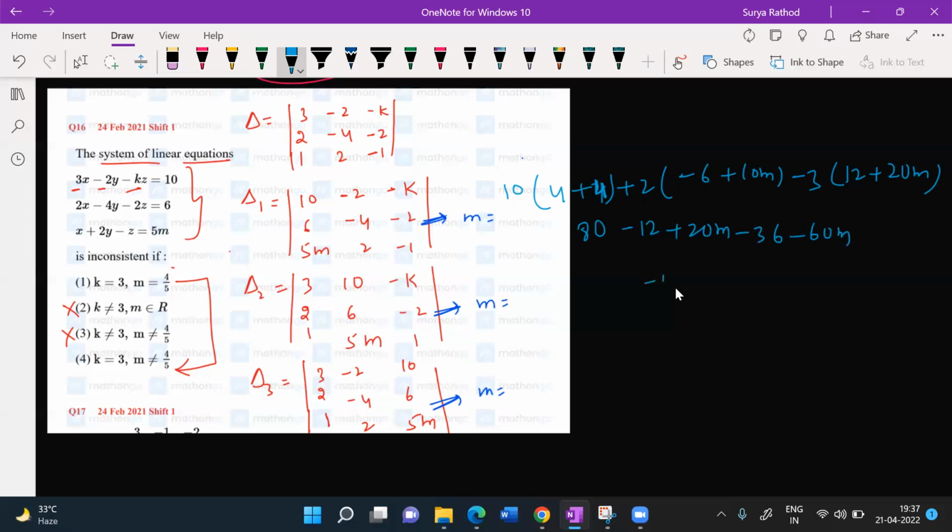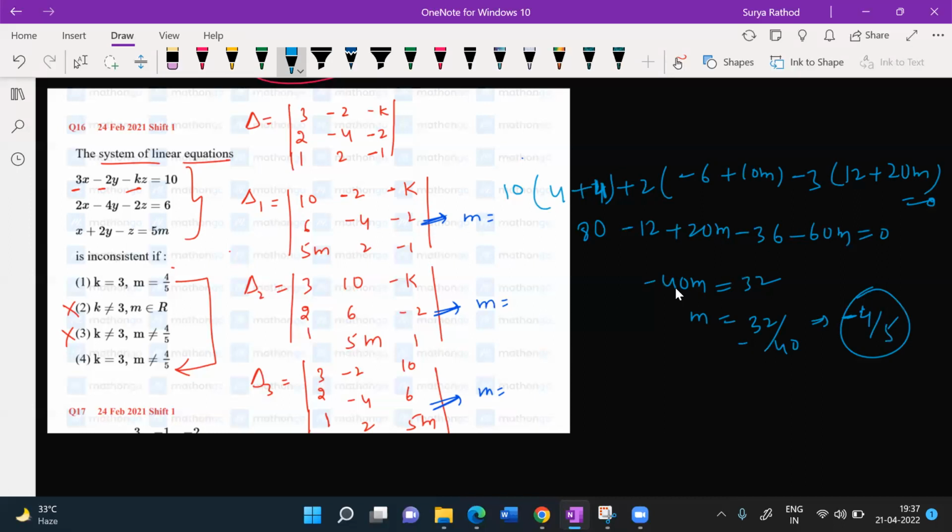Minus 40m, and 80 minus 48 is 32, is equal to 0. So how much is the m value? 32 by 40, which is nothing but 4 by 5, minus 4 by 5. M is minus 4 by 5.